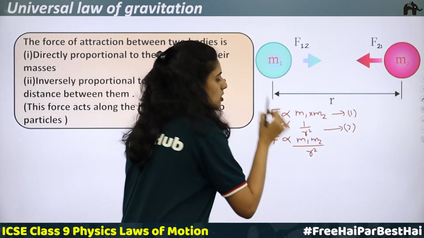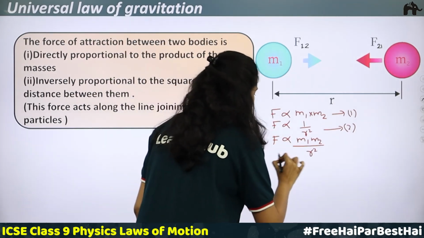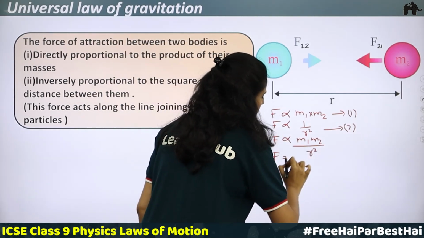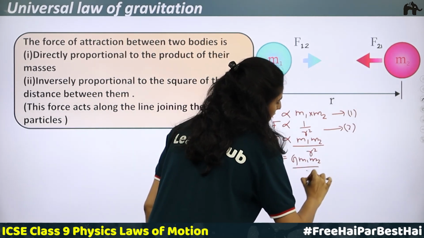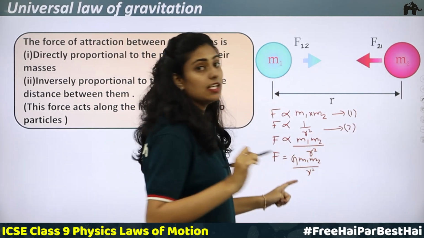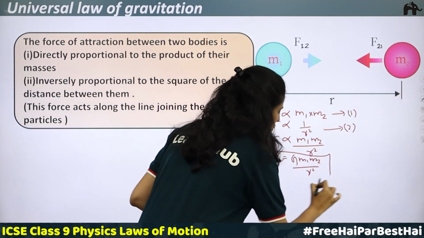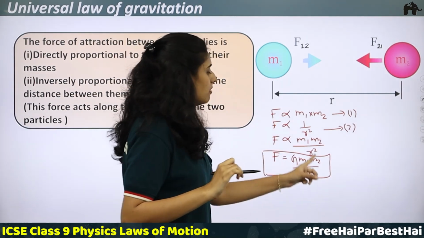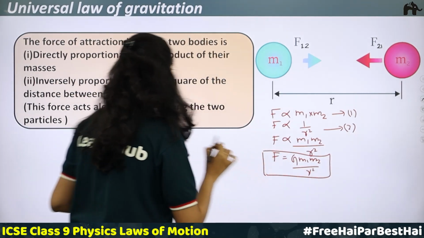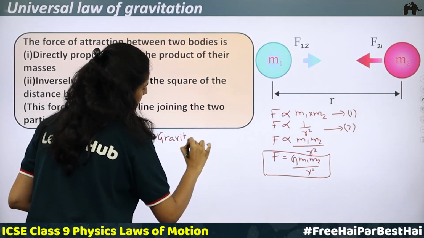So, to remove proportionality, what do we do? We insert a constant. F is equal to G m1 m2 divided by r square. This G is a gravitational constant. To find the gravitational force of attraction, this is the formula, F is equal to G m1 m2 divided by r square, where G is the gravitational constant.